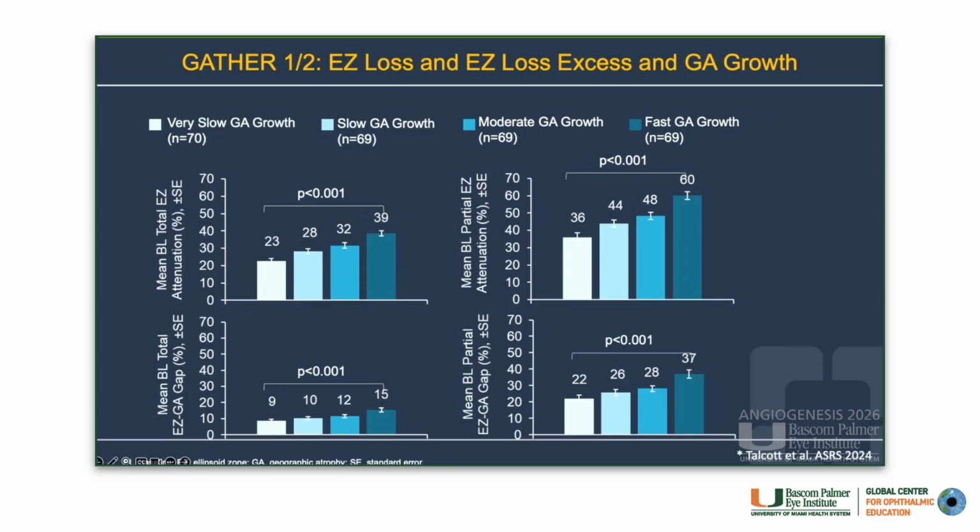Similar work done in the GATHER1 and GATHER2 clinical trials showed both partial EZ attenuation and total EZ attenuation and EZ loss excess were significantly associated with GA growth speed.